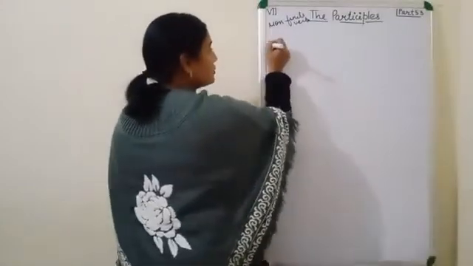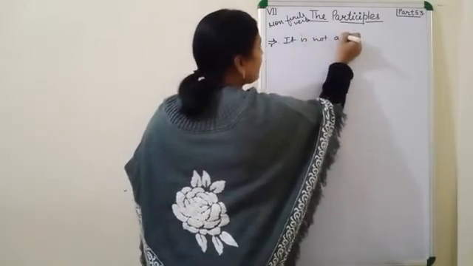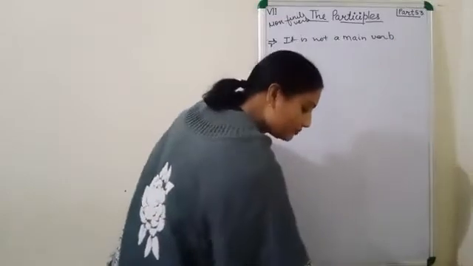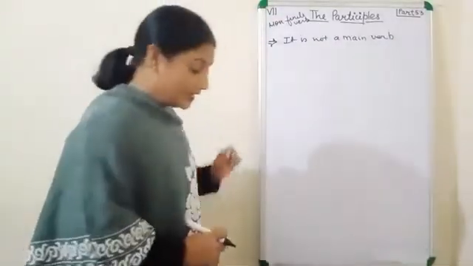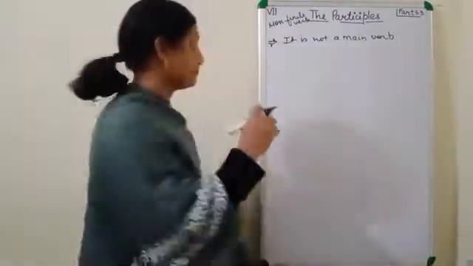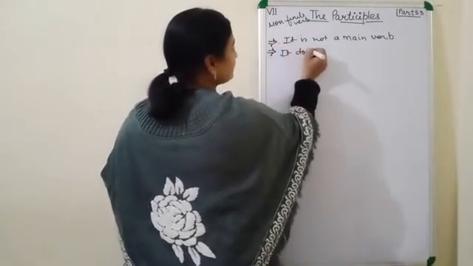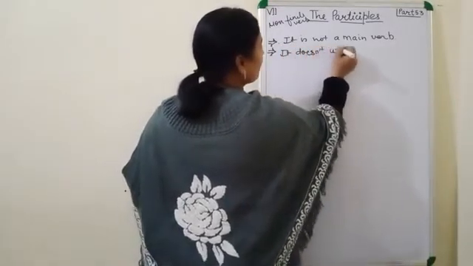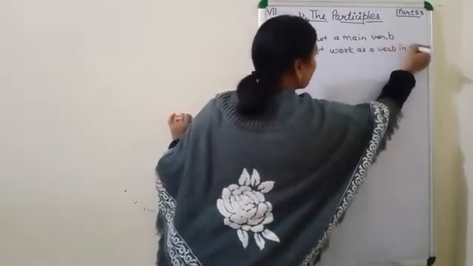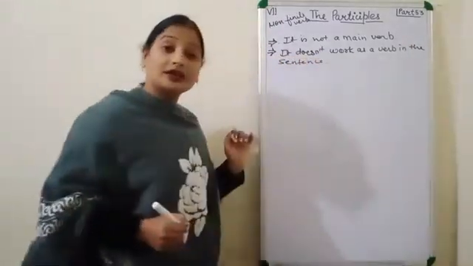Now, what is this participle actually? Write down the first point. This participle is not a main verb in the sentence. Second point, it doesn't work as a verb in the sentence. Then how does it work and how does it behave?